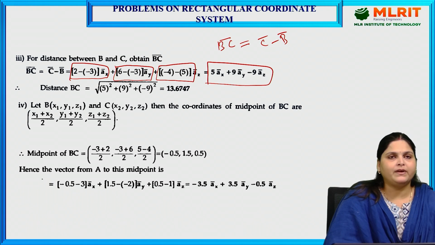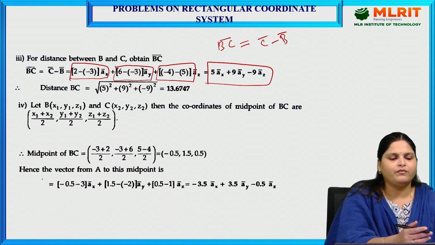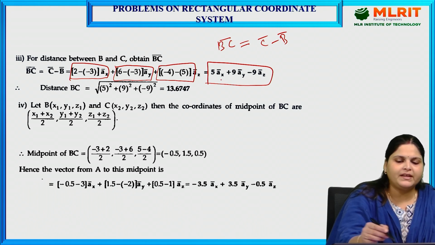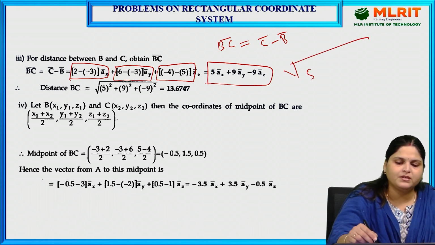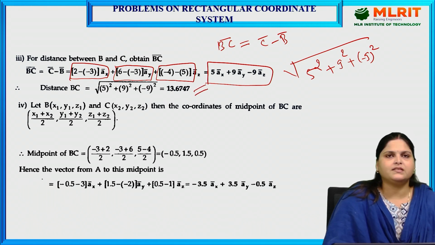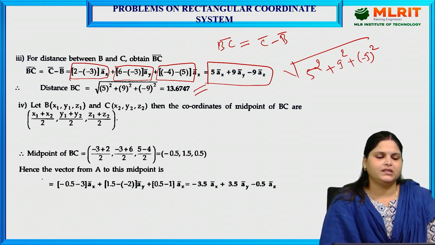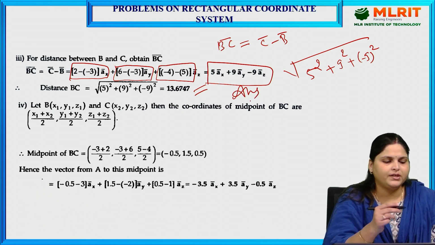Now as we need to find out distance, distance means we need to find out nothing but the magnitude. We need numerical value. So we are going to take mod of this, and when we take mod of this, this equation becomes 5 square plus 9 square plus again minus 9 square. And we get the answer as 13.6747. Right? This is the answer of third question.